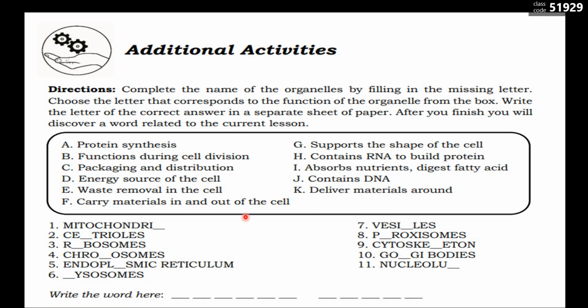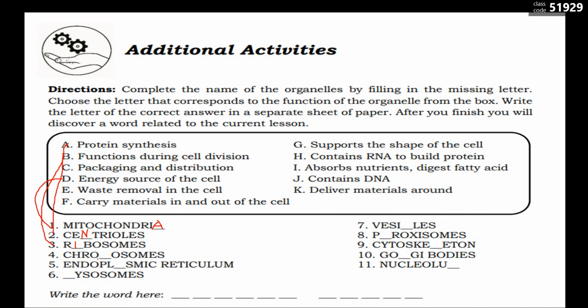So let us answer. For number 1, it is A, mitochondria. And this is for letter D. And this is centrosome, and that is for letter B. And this is ribosomes, and that is for letter A, protein synthesis.